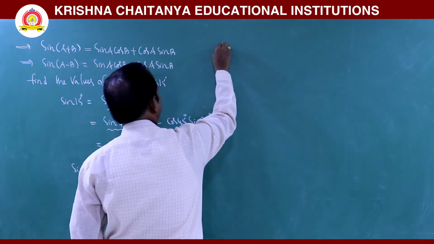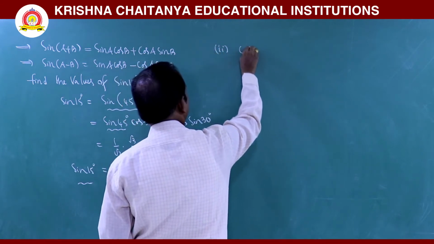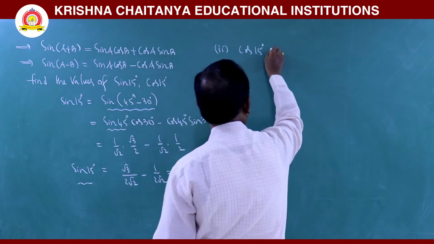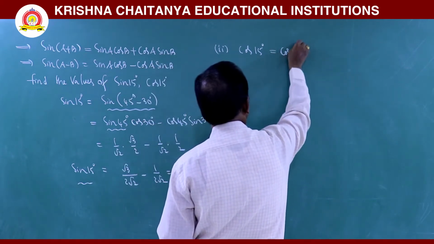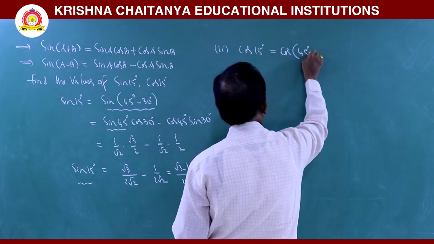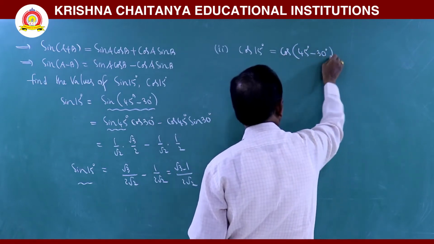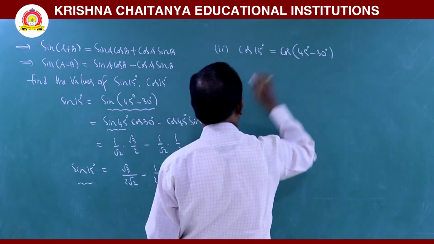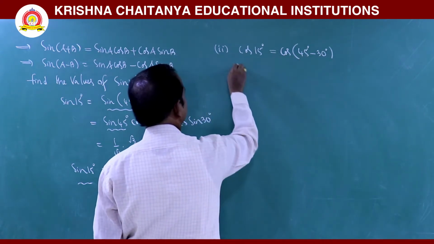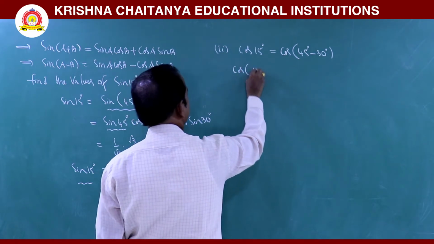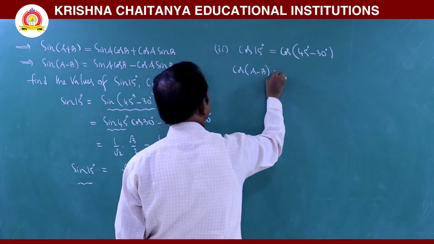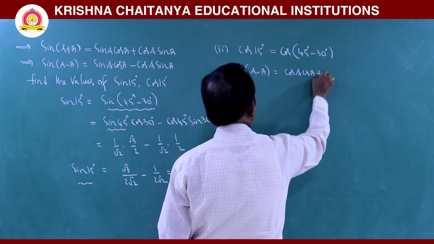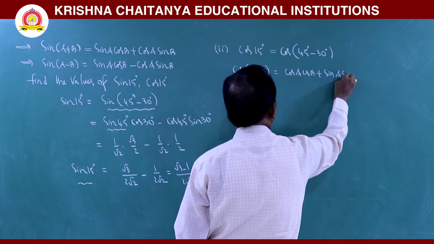We can find another value, cos 15 degrees. Cos 15 degrees can be written as cos of 45 degrees minus 30 degrees. It is in the form cos a minus b. So what is cos a minus b? Cos a minus b is nothing but cos a cos b plus sin a sin b.